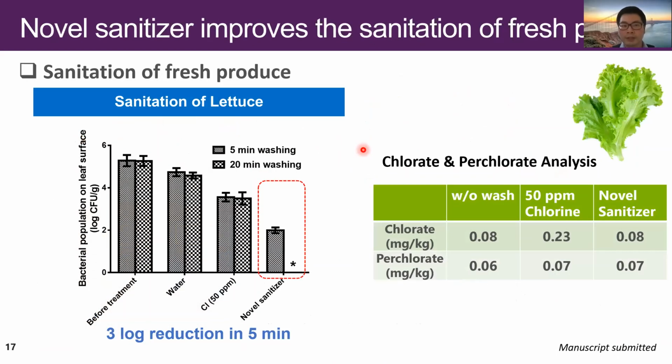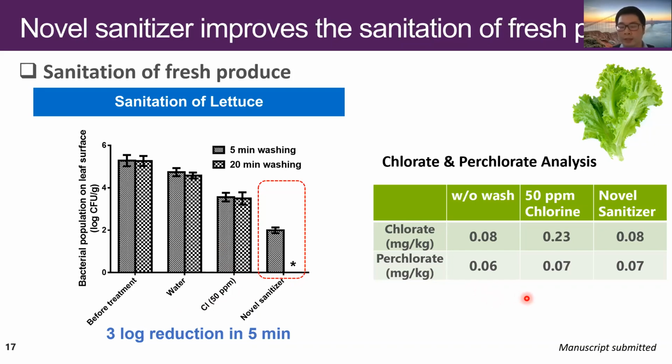So some applications: if we use these particles for the sanitation of fresh produce, we can get a much lower microbial population on the fresh produce surface as compared to 50 ppm of free chlorine. We also tested the chlorate and perchlorate concentration remaining on the lettuce surface after the washing process.